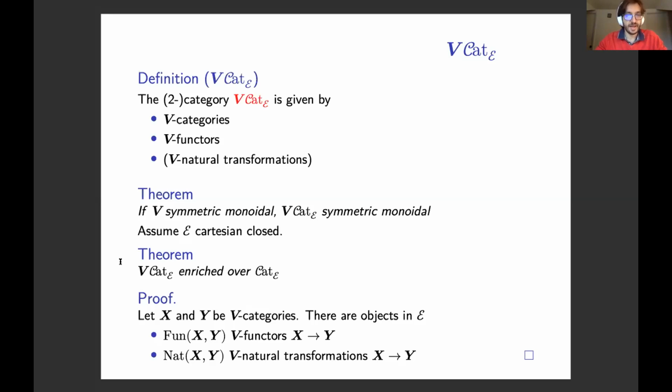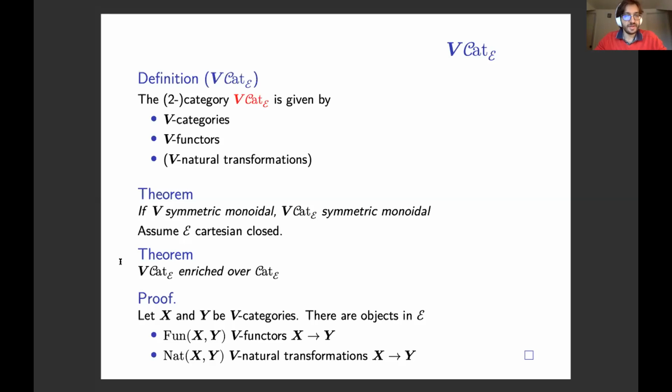It has to be noticed that it is not true that if the enriching category is monoidal, that suffices to show that the category of V categories is monoidal, because we really need symmetry to define the monoidal structure. But this shouldn't come as a surprise, because it is perfectly analogous to what happens in standard enriched category theory.